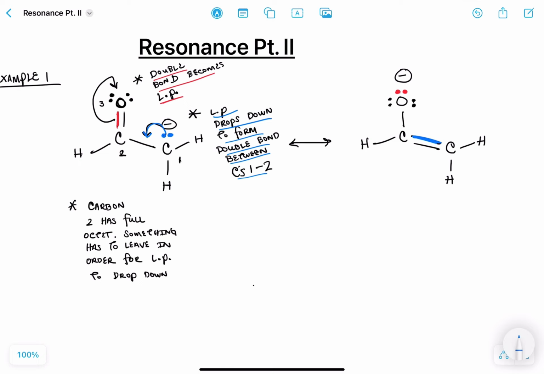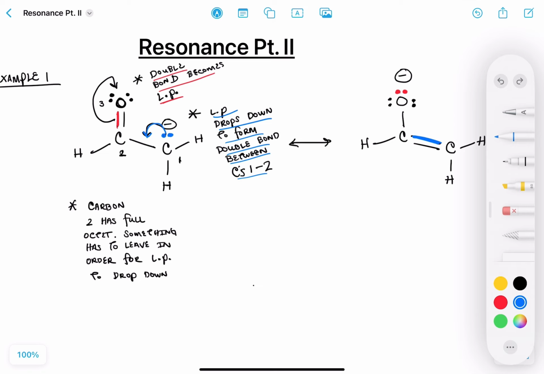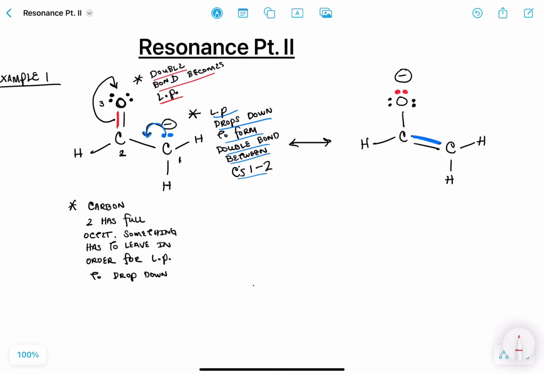And so we can see where everything ended up by the colors. The blue lone pairs on the left structure went down to become a double bond on the right, and then the red double bond that was on the carbonyl, that's the name of the functional group, was between carbon and oxygen, and ended up being a lone pair on the second structure to the right.